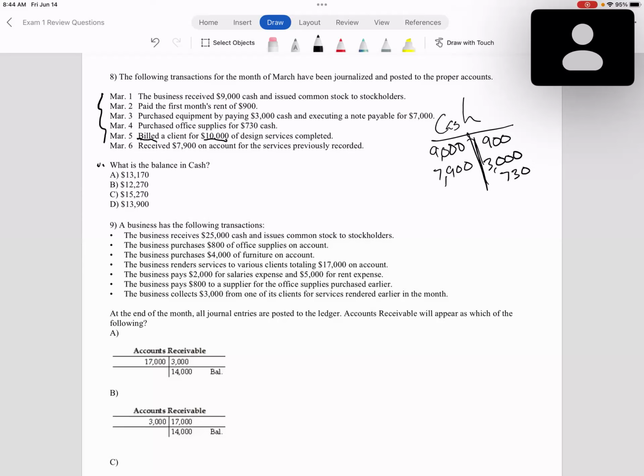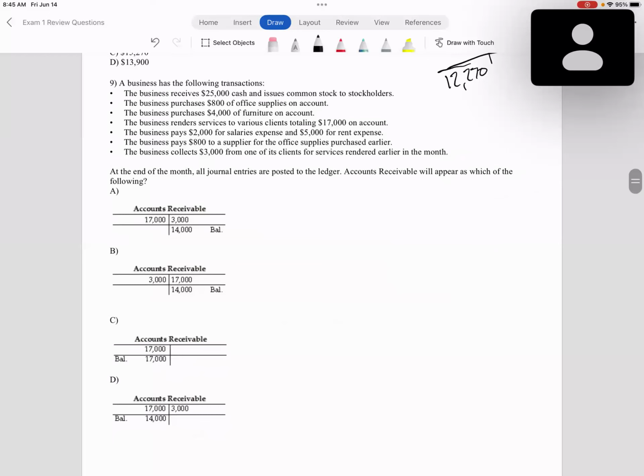So minus 900, minus 3,000, minus 730, so we have 12,270. And obviously it's a debit balance because that's the normal balance for cash, which is an asset account. So 12,270. The correct answer is B.